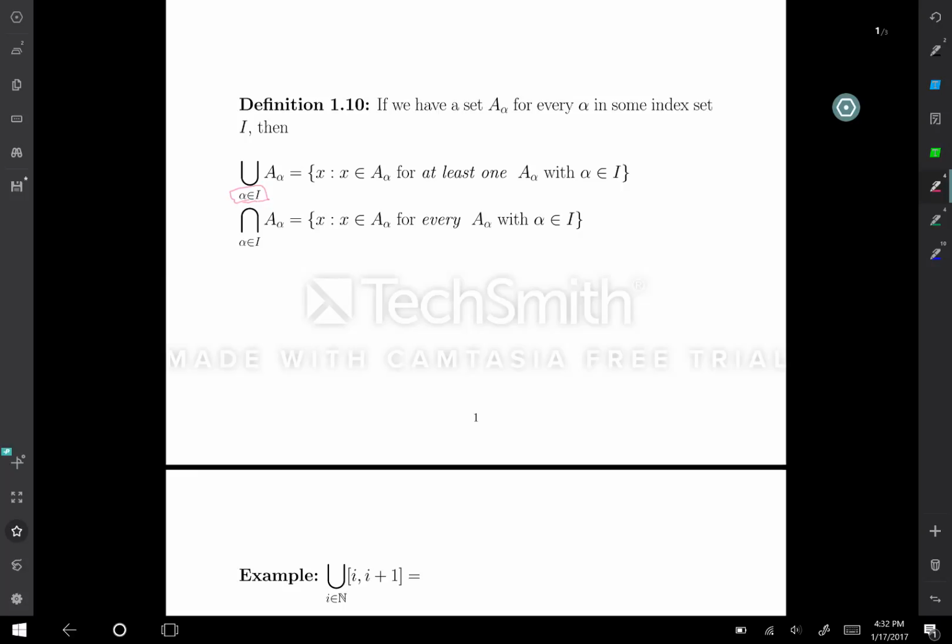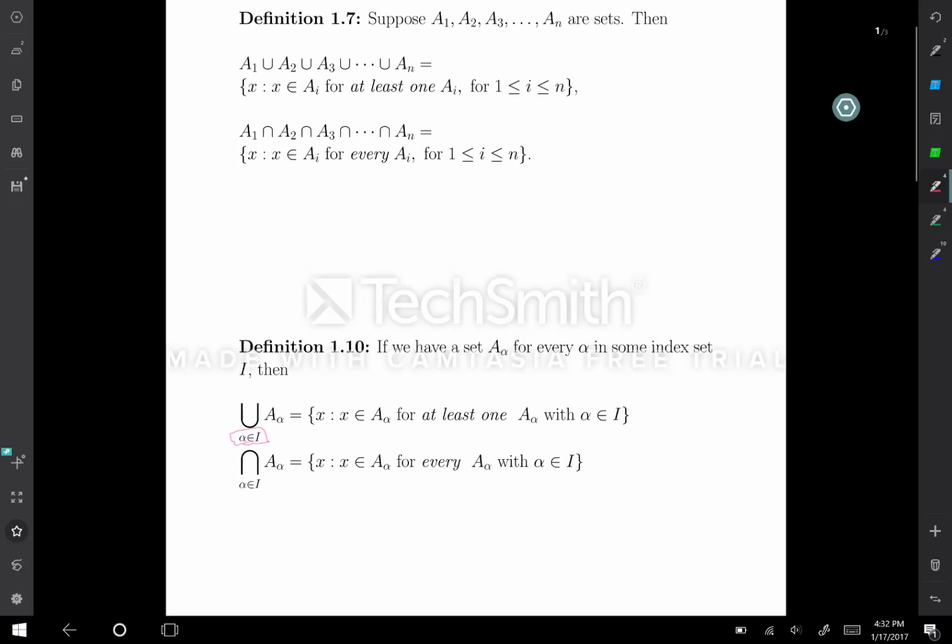This is saying the same thing as what we saw above. These two things say the same thing. One is just much more compact. And similarly, the intersections are the same thing, but again, more compact notation.